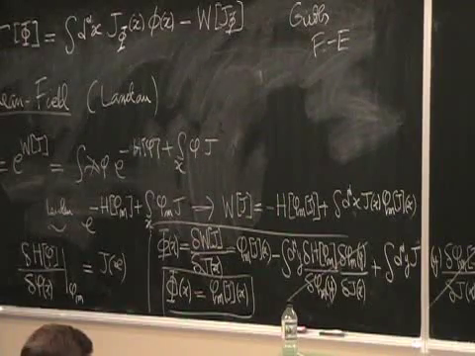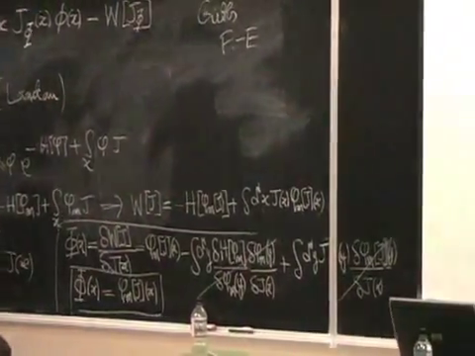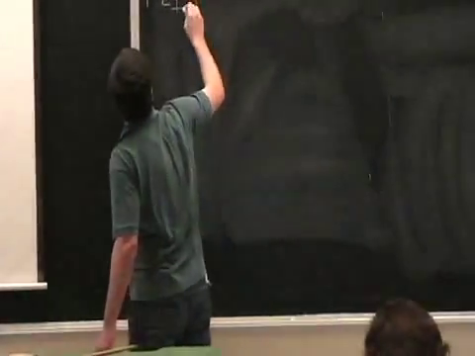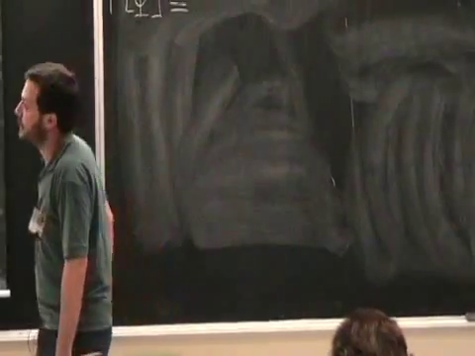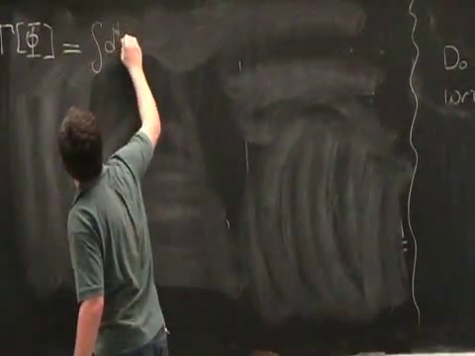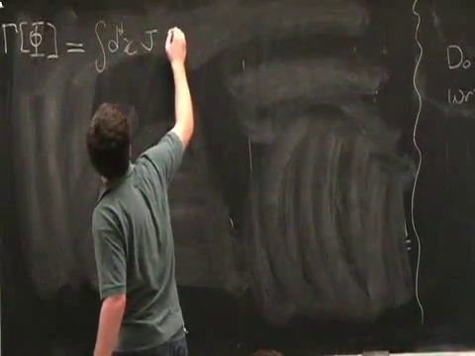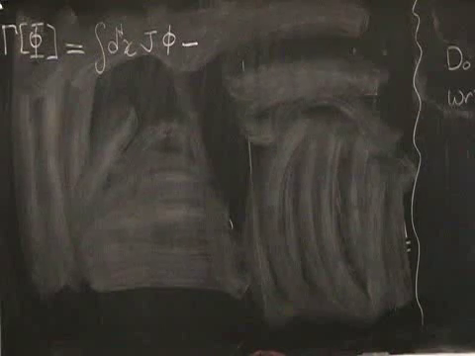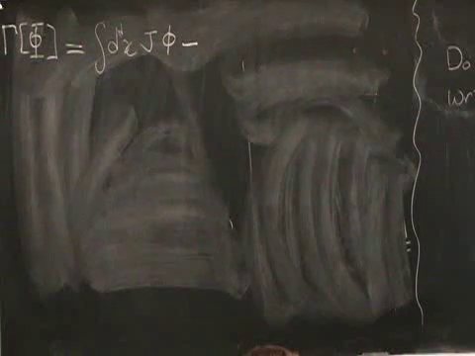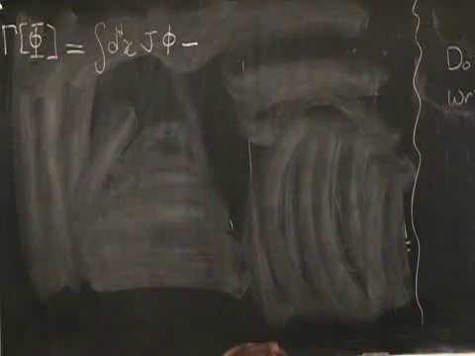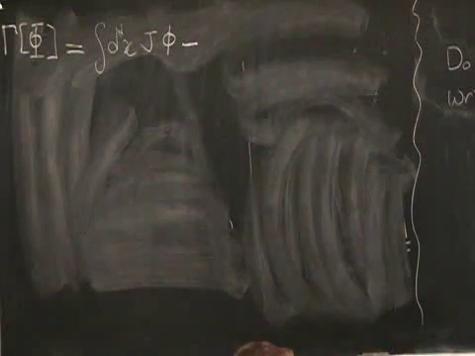How to do that? Well, simply use the expression gamma of phi is equal. So first this term, okay, and minus, I must subtract the Helmholtz free energy that I have here, this not very beautiful expression.